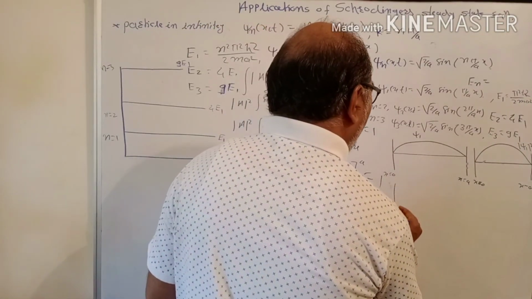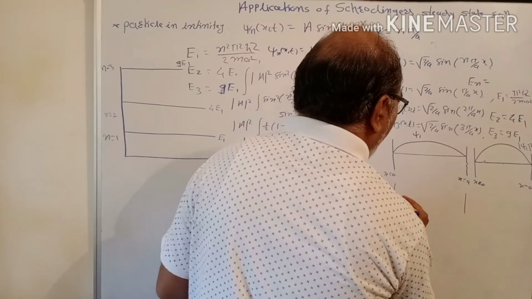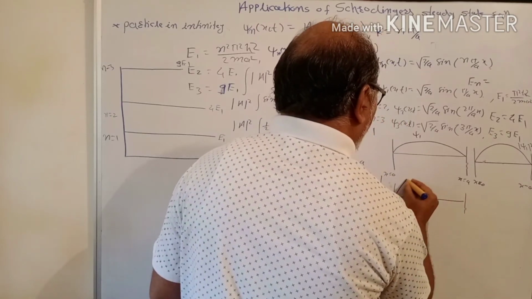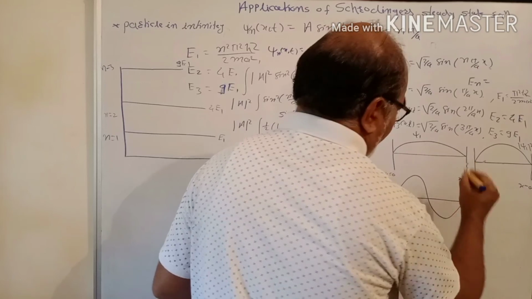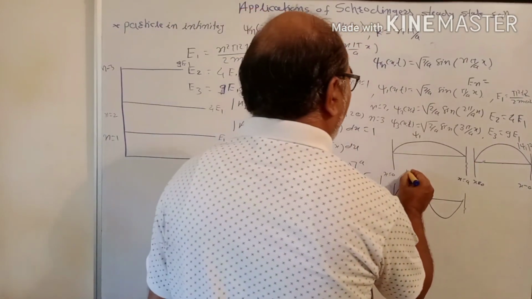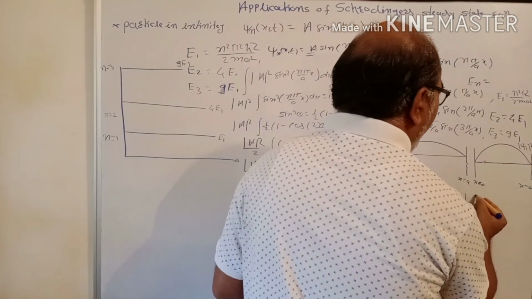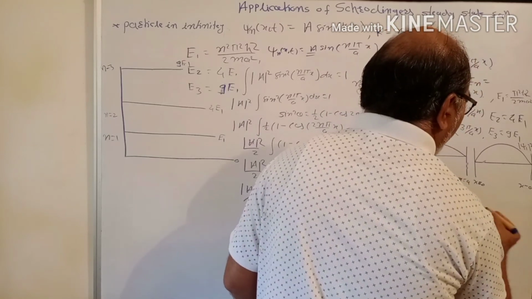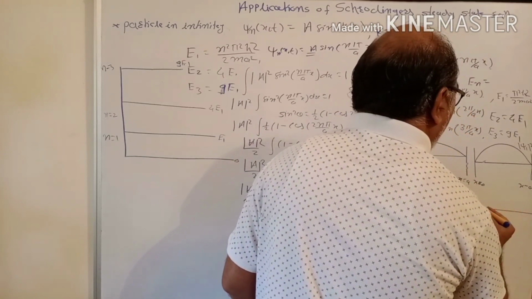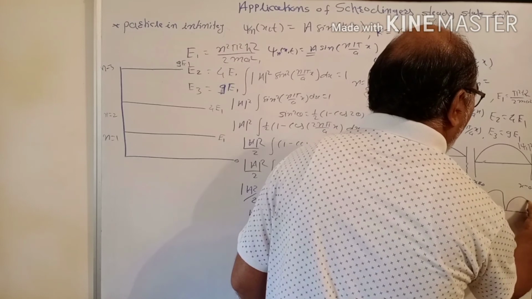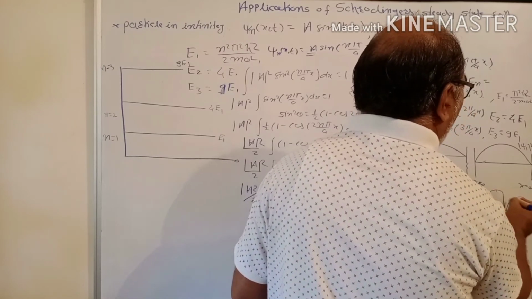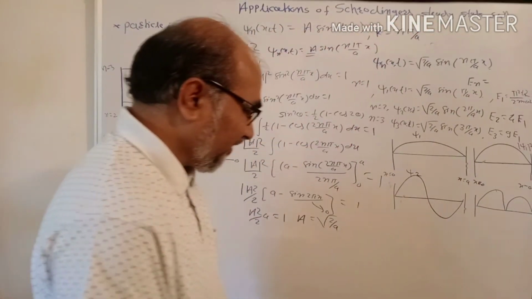For psi 2, here it is. This is psi 2, and the probability density for psi 2 has this first and this second peak. So there are two probability peaks in between.